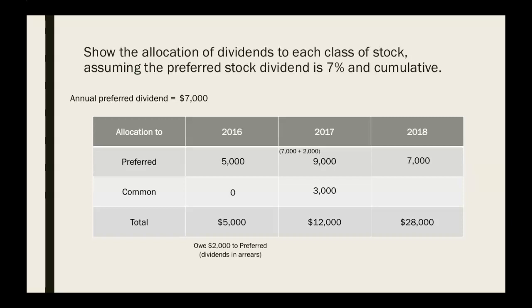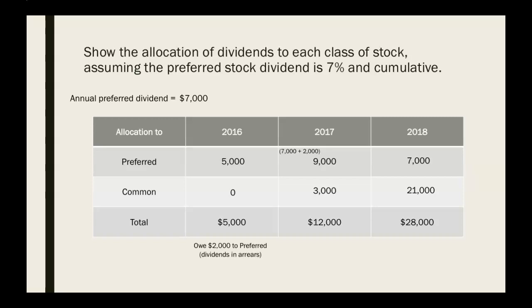So preferred gets their $7,000. Common gets whatever is left over. So there's a total of $28,000. $7,000 of it goes to preferred. $21,000 goes to common. Now remember, when you're looking at these numbers, in this problem, there were 2,000 shares of preferred stock, and there were 100,000 shares of common stock.